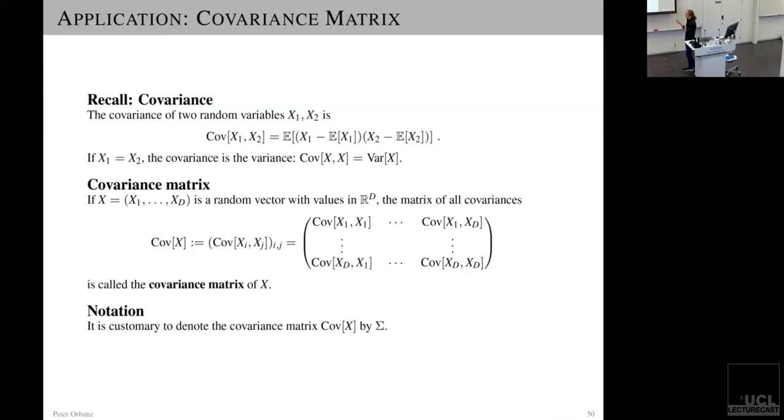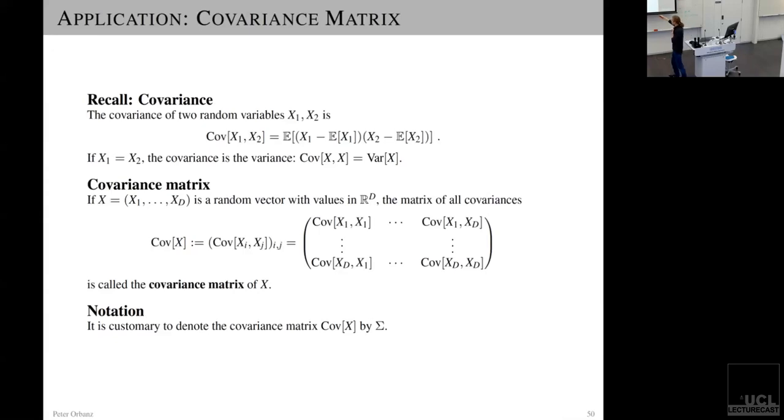Okay, so now the covariance matrix is what we get if we take d variables. Again, think of these variables as the entries of a d-dimensional vector. Each of these entries is one scalar random variable, and we write the pairwise covariances of these random variables into a table. And that's our covariance matrix.